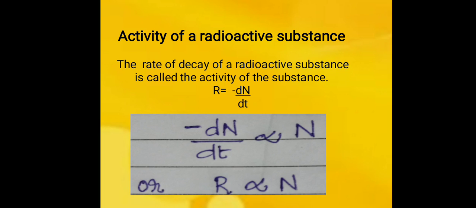What can we write? We can write that activity is directly proportional to the number of atoms left at that instant. Clear? So, activity of a substance at any instant is proportional to the number of its atoms left at that instant.